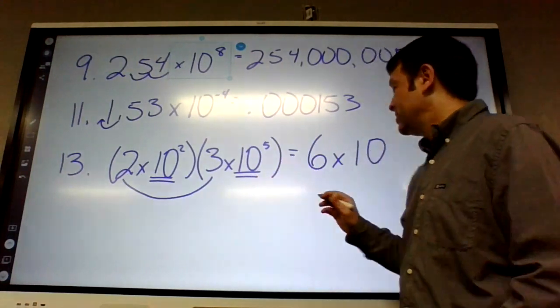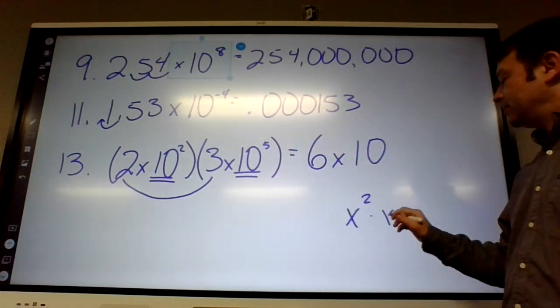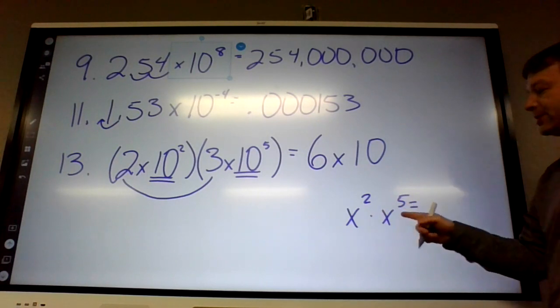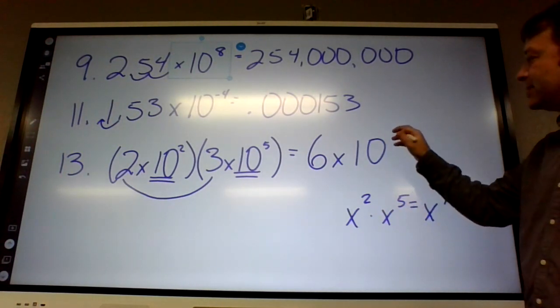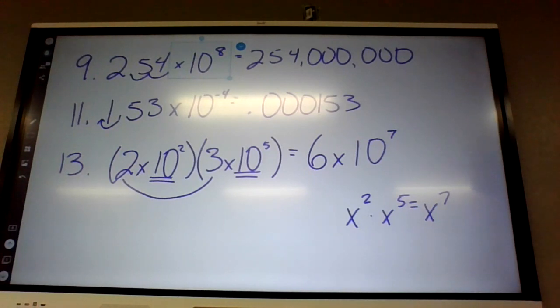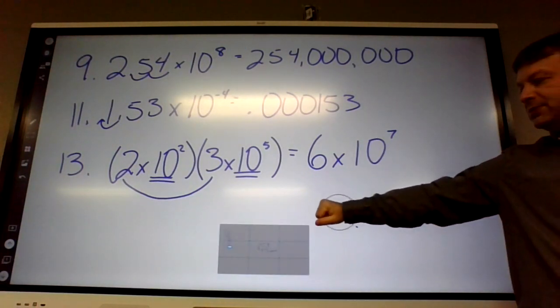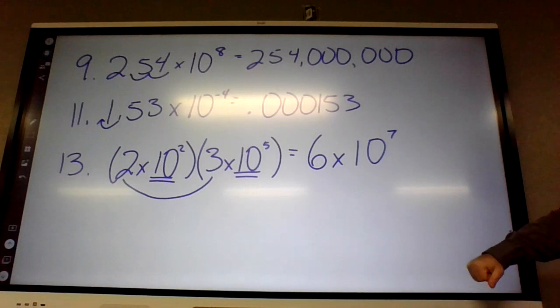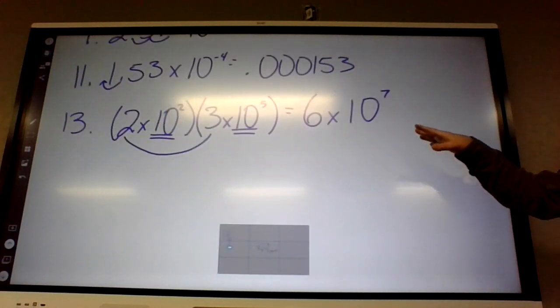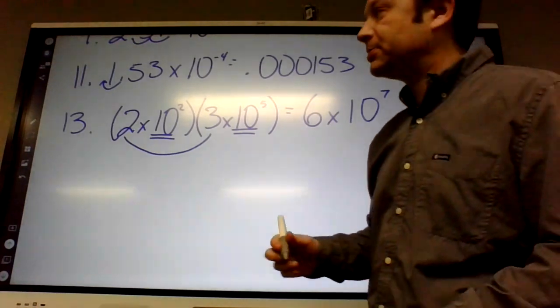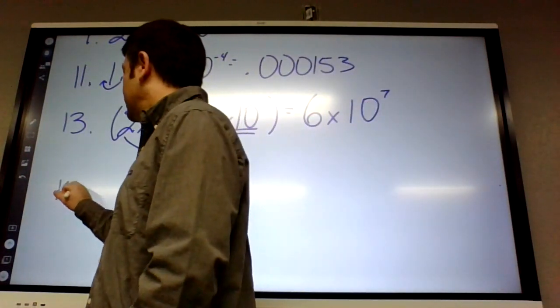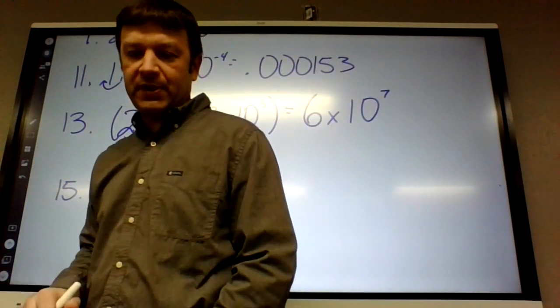You guys remember that? This is why we're doing this right now. x squared times x to the 5th is x to the 7th, right? So this is 10 to the 7th. Is that in scientific notation? Yes. It's 6. You could write 6.0 if you wanted to, but you don't need to. The book didn't even do that.